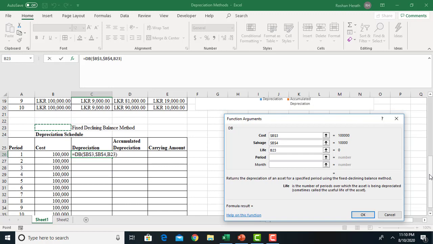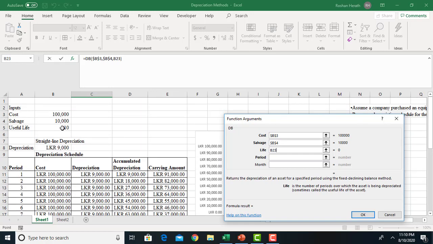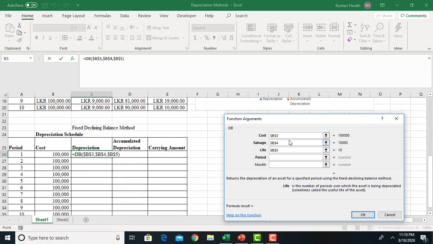The life is constant. And more importantly, the period. When it comes to the period, you have to refer to the period in the depreciation schedule. So the period is 1. You have to keep it relative since we drag them down.